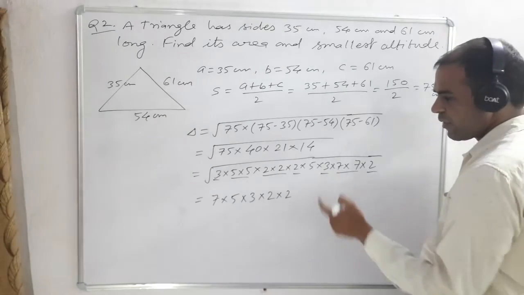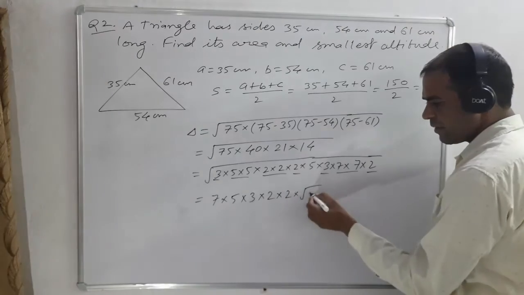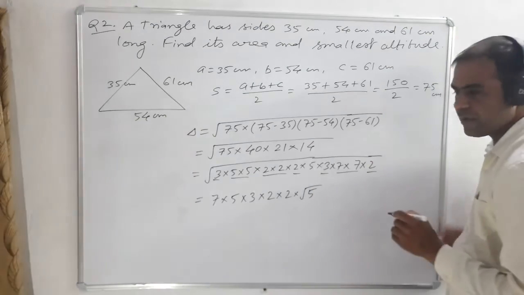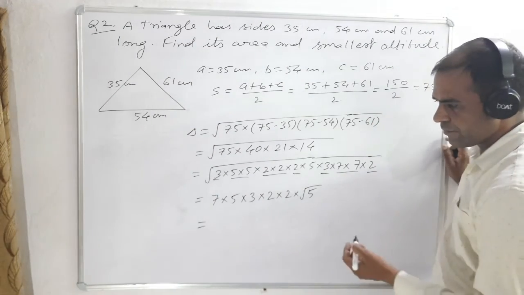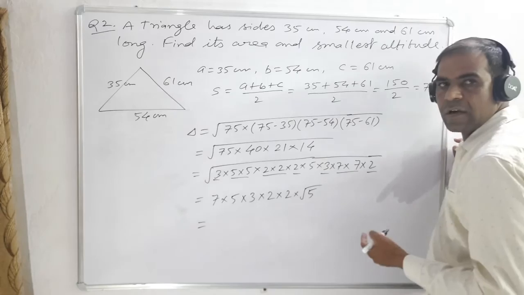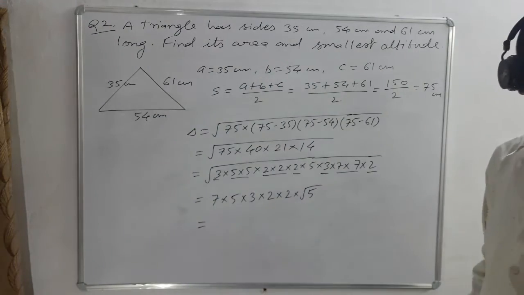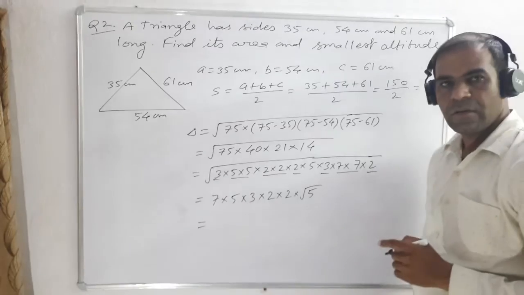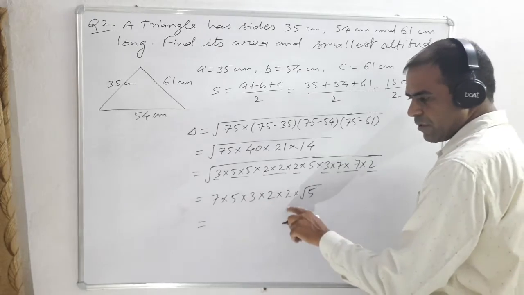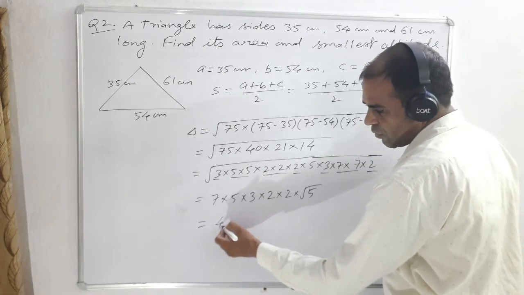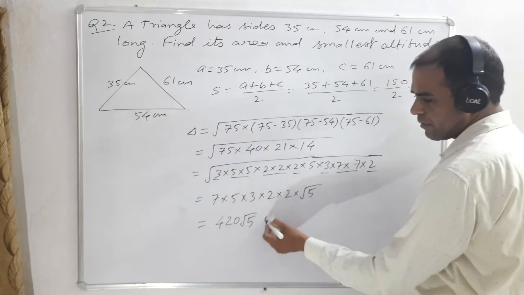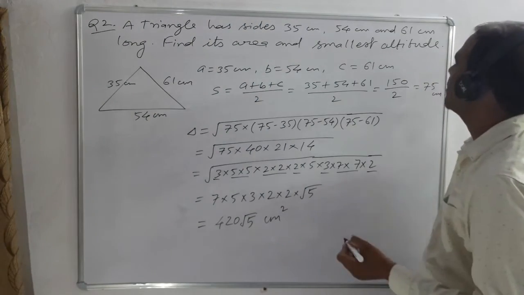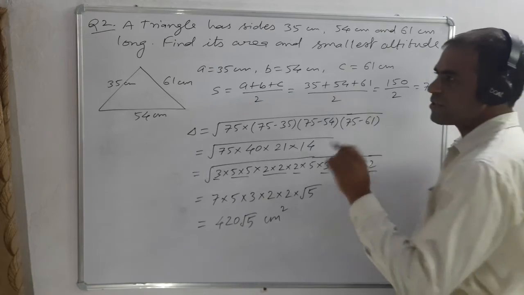But only the 5 does not have any pair, so it stays in the root 5. Again we will find the product of these numbers, and its product is 420 root 5 centimeter square. This is the area of this triangle.